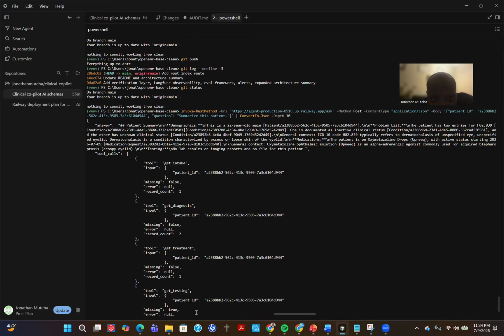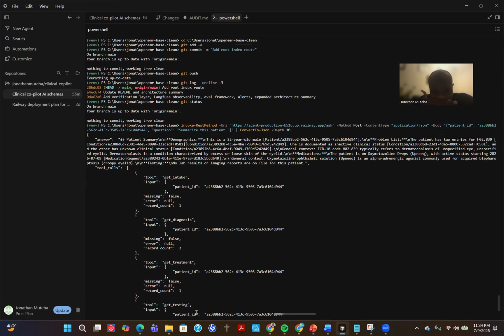It tells me that the patient is a 22-year-old male, and the patient has two entries for condition. One is documented with an inactive clinical status, another with an unknown clinical status.